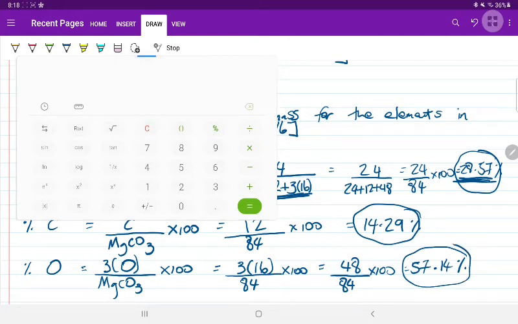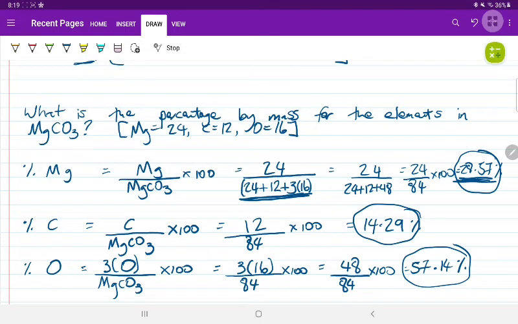And what we can do to make sure we are doing the right thing is add up our percentages and see how much we end up with. And all our percentages give us a total of 100. So we know we have done our calculation properly. All right.